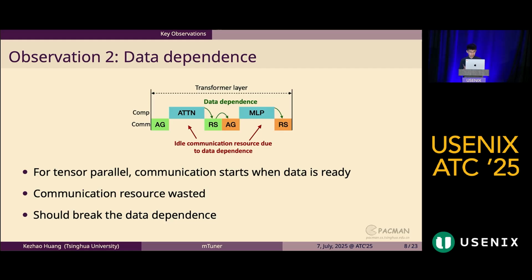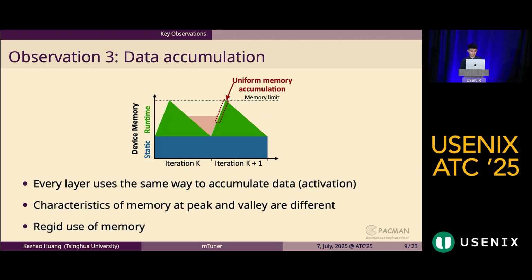So in this figure, there are key gaps where we could be transferring data. The root cause here is strict data dependence. By relaxing them, we can start communication earlier and better overlap with the computation. This shows that we need tight coordination between memory and computation.